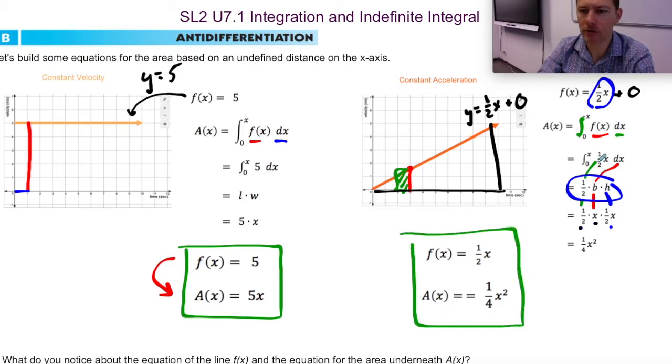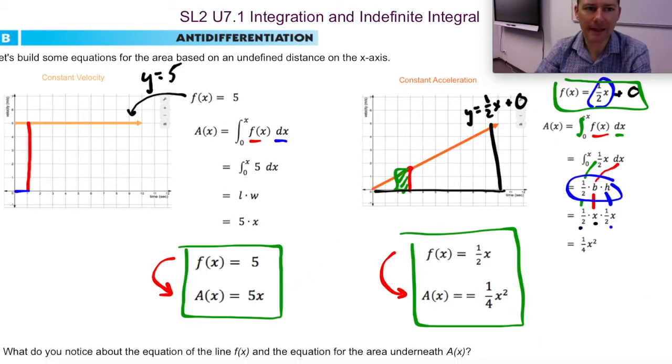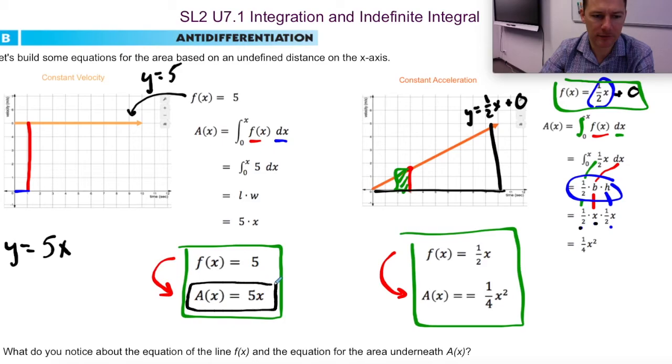My original function was 1 half x. When we took the integral, we found the integral of it was 1/4 x squared. Similarly, previously we had this 5 as our function, and 5x was our area under the curve. If you look at these with your nerd goggles on, you'll realize that if you had a function y was 5x, if you found y prime, if you found the derivative, you get 5.